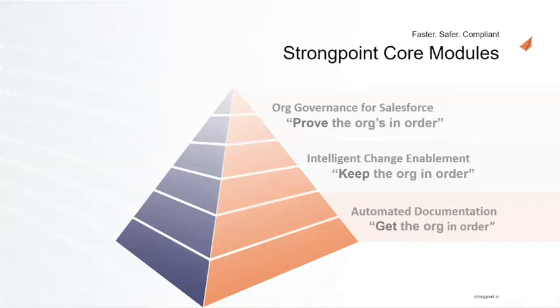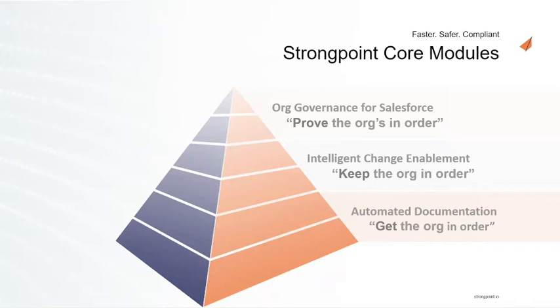So fields that are referenced in classes, fields that are used as filters in reports, and so forth. All of these are stored as custom objects in Salesforce, which makes it easy to do reporting and research, and I'll show a little bit of that in a few minutes.